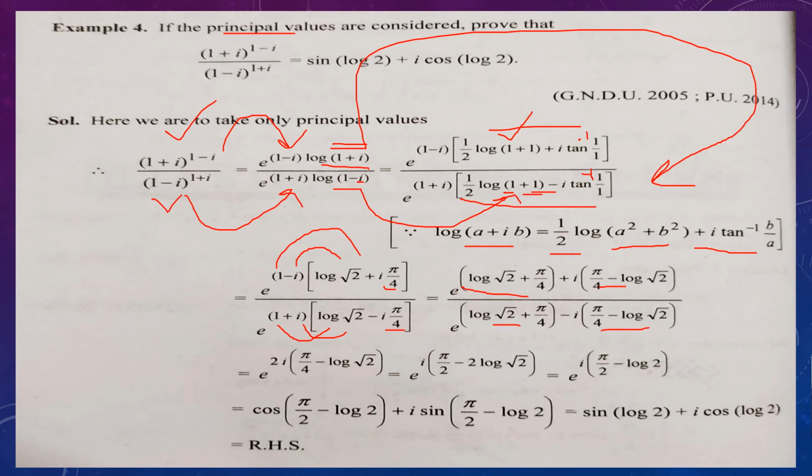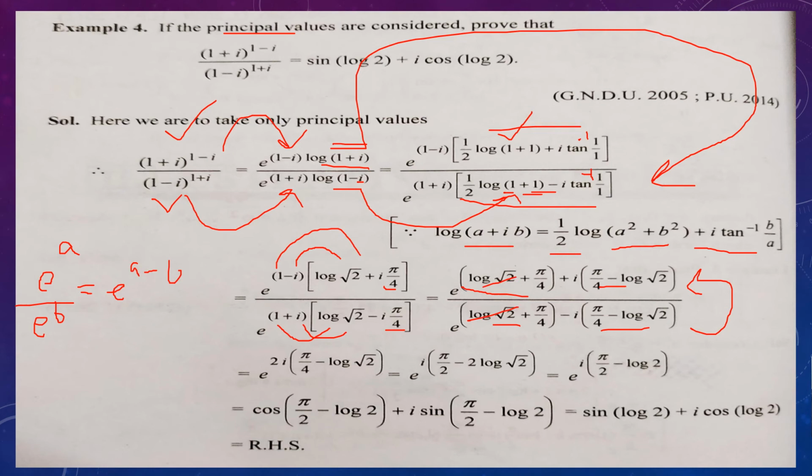Now it is of this form: e raised to power a upon e raised to power b. So you can solve it like e raised to a minus b. Since their bases are same, the powers get subtracted. So when we subtract these terms, terms will be cancelled out. On cancelling out, this term will be cancelled out.